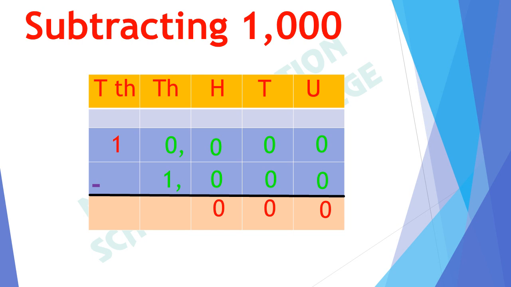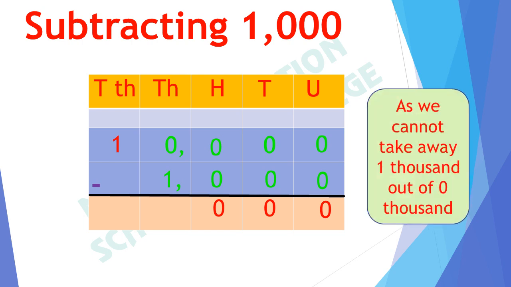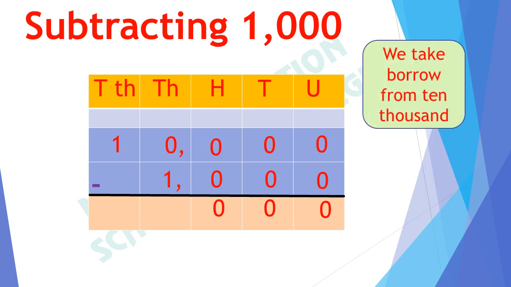We will borrow from 10,000s. We cannot take away 1000 out of 0,000. In that case, we borrow from 10,000s. As there is only one 10,000, we borrow from 1 10,000.